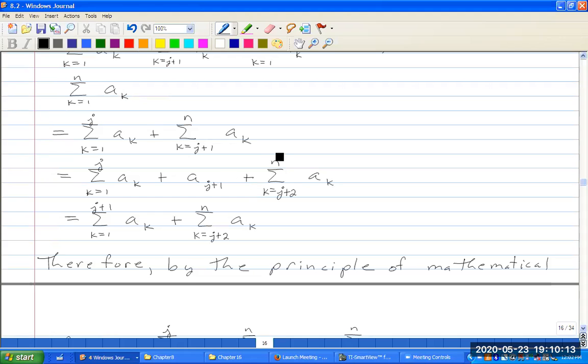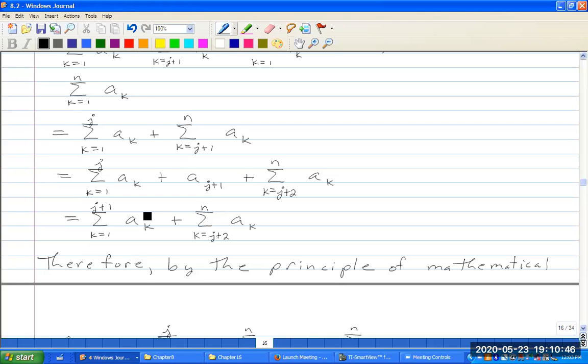But this is the same as, well, for this term, this is just a sub j plus 1 plus the sum k equaling j plus 1 to n of a sub k. But this is just the sum k equaling 1 to j plus 1 of a sub k plus this last term, the sum k equaling j plus 2 to n of a sub k, which means that we've shown the induction step works.